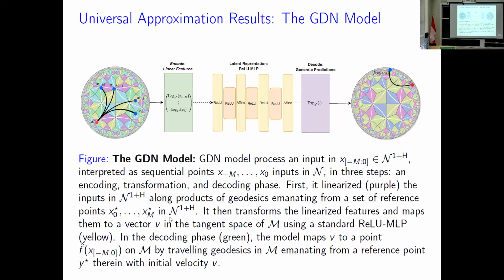Then we transform this linearized input with this ReLU neural network. Then we have a decoding phase that maps this to f, the neural network that approximates our function on the output manifold. So this is the main idea.